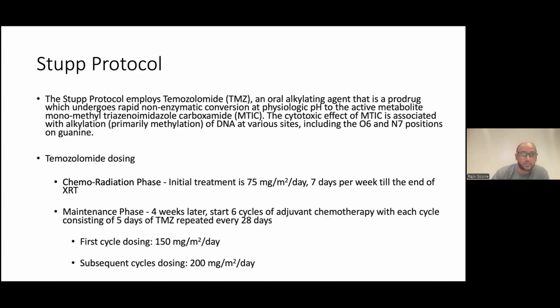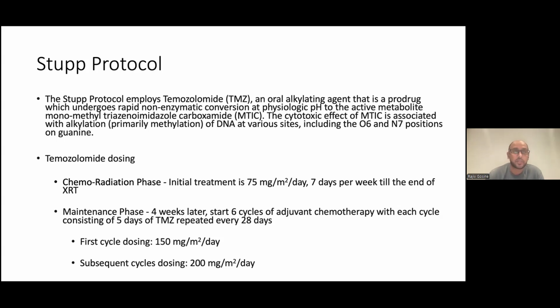So in terms of the temozolomide dosing, in the initial chemoradiation phase, you give 75 milligrams per meter square body surface area per day, 7 days a week till the end of the radiation. Then the maintenance phase commences about 4 weeks later. You start 6 cycles of the chemotherapy, and with each cycle you give the temozolomide on 5 days, repeated every 28 days.